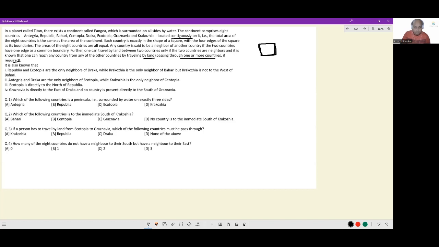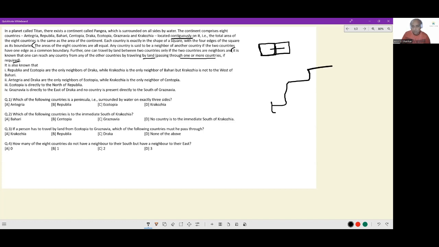Okay, which means, see these lines together. The areas of the 8 countries are all equal. Any country is said to be a neighbor of another country if 2 countries have one edge as common boundary. Further, one can travel by land between 2 countries only if the 2 countries are neighbors, which means I can move from this country to another country if they are connected somewhere. And it is known, this portion is amazingly wonderful, that one can reach any country from any of the other countries traveling by land, which is to say, all these countries are connected by some pathway.